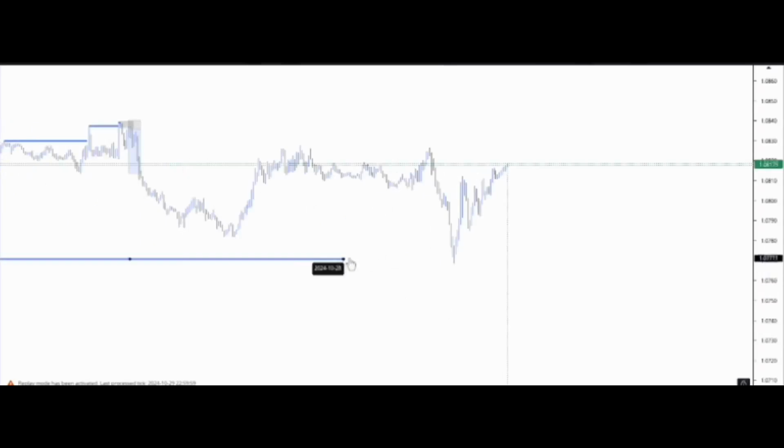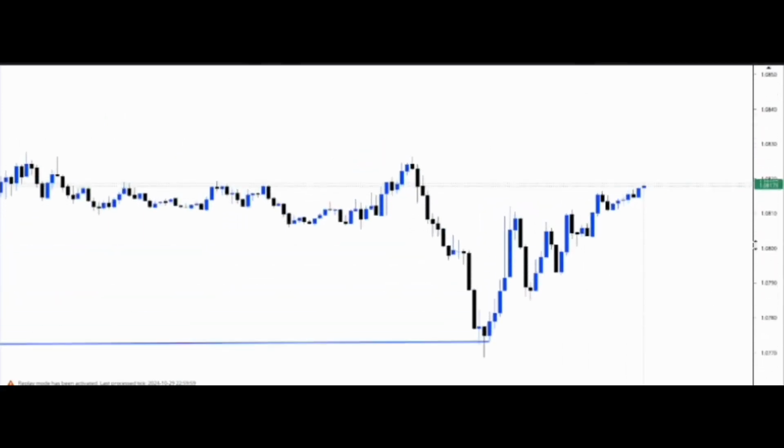This zone here. This is where it swept, right? So let's see the advantage we would have had here. So it swept liquidity here.